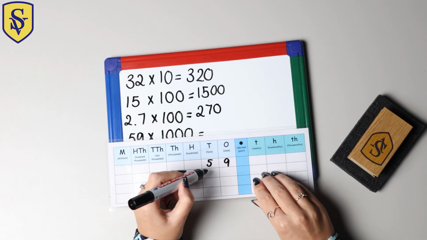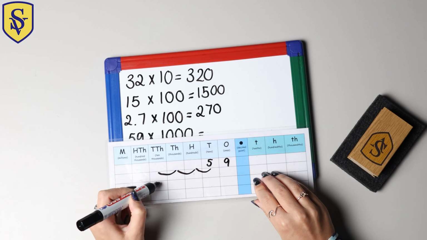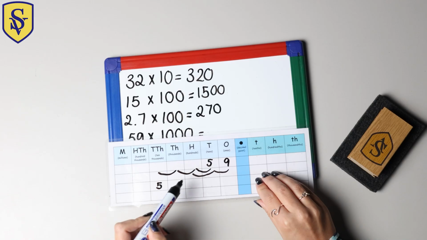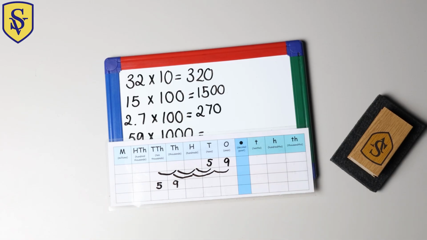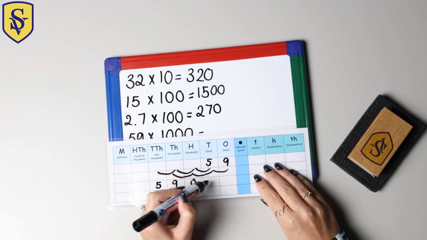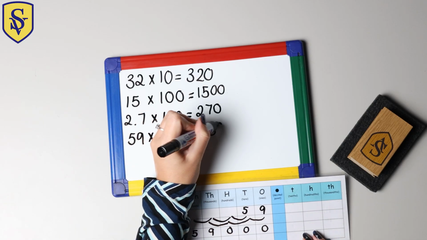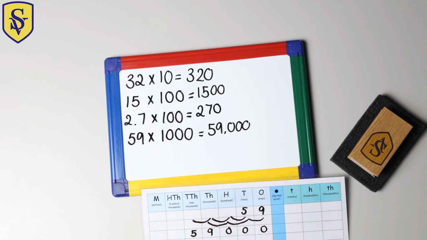So I'm going to start with the 5 and go 1, 2, 3, put 5 there. With the 9, 1, 2, 3. The 9 has ended up in the thousands column. And again, we can't have empty columns, so we're going to have to put a placeholder, which is going to be a 0. So 1, 2, 3 zeros, and the answer to 59 times 1,000 is 59,000.